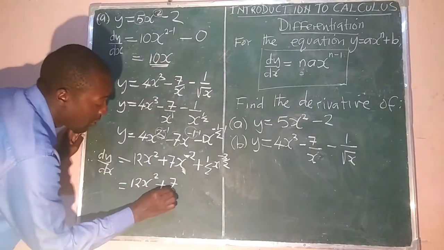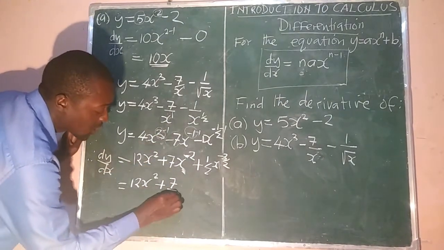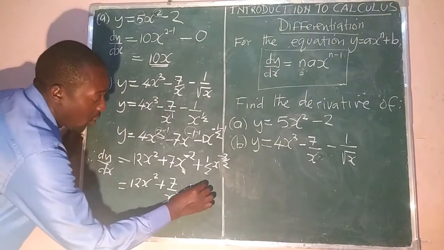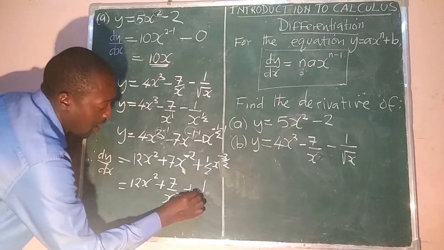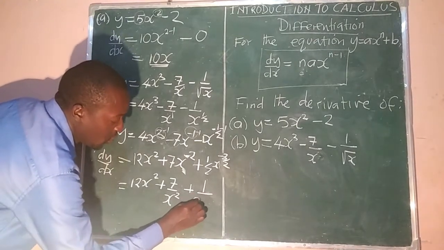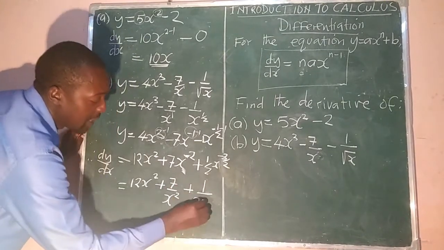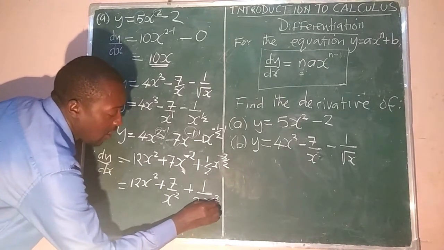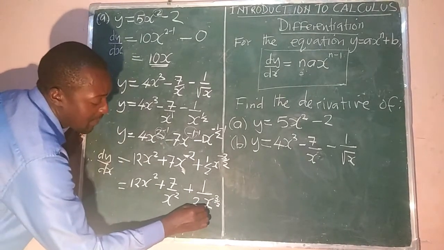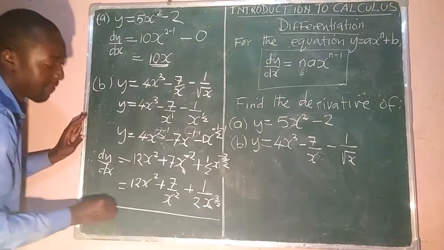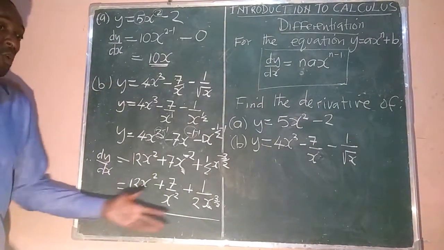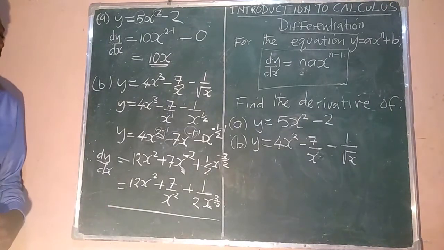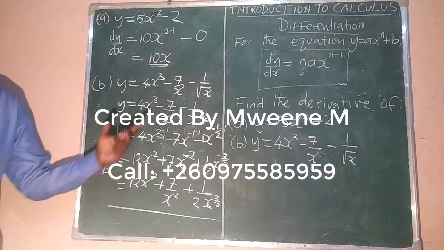So this is going to be 7 over x squared plus 1 over 2, x to the power 3 over 2. And we have found our answer here. So we can write it like this. And this marks the end of our lesson on differentiation.